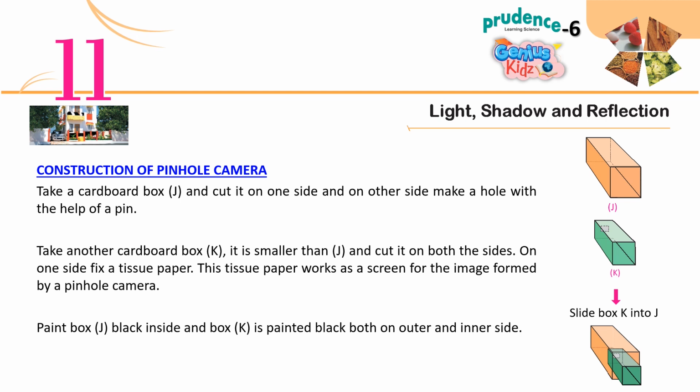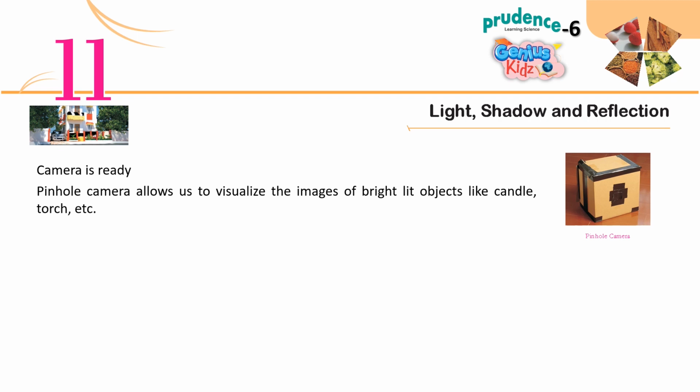This tissue paper works as a screen for the image formed by a pinhole camera. Paint box J black inside and box K black on both outer and inner side. Camera is ready. Pinhole camera allows us to visualize the images of bright lit objects like candle, torch, etc.